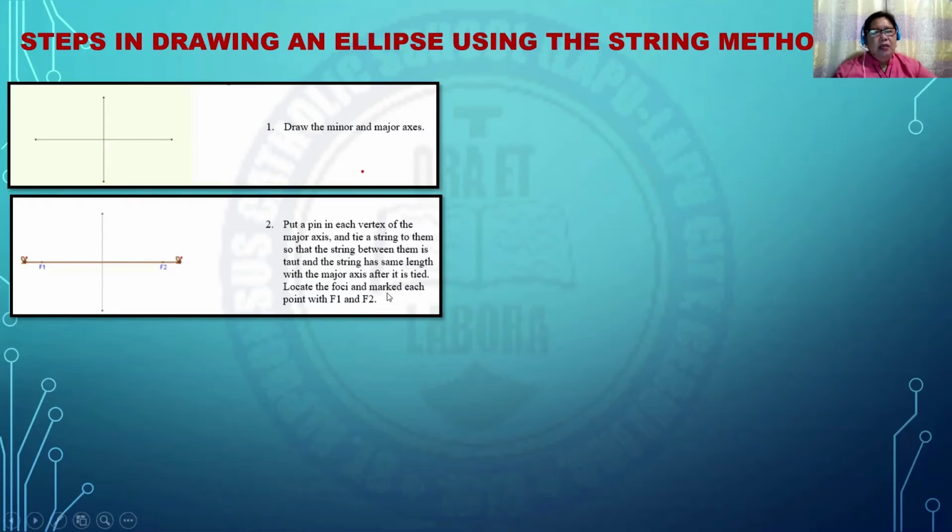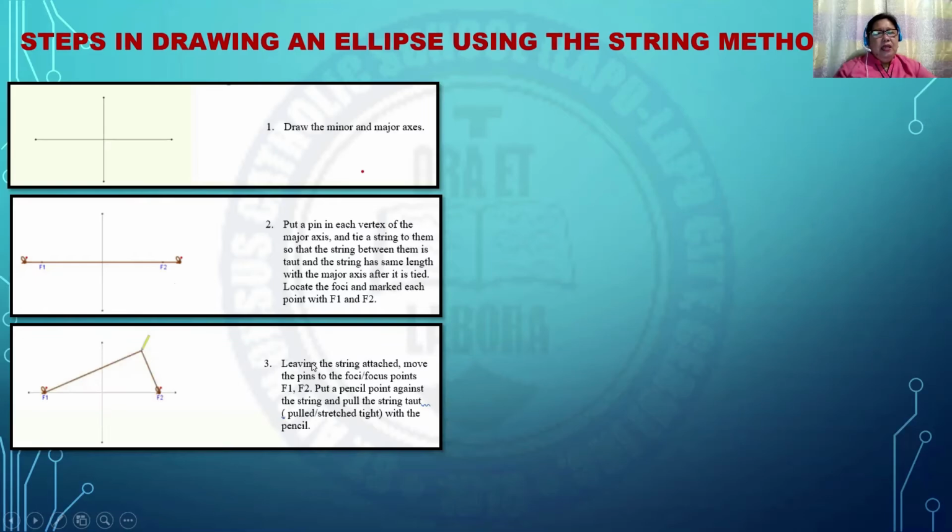Locate the foci and mark each with F1 and F2. So the length of the string is equivalent to the length of the major axis. You can mark F1 here and this is the location of F2.